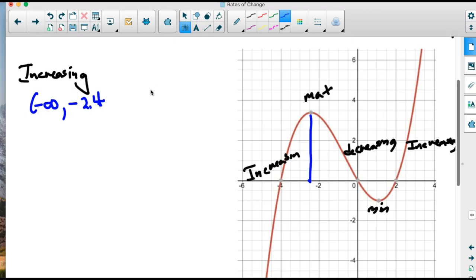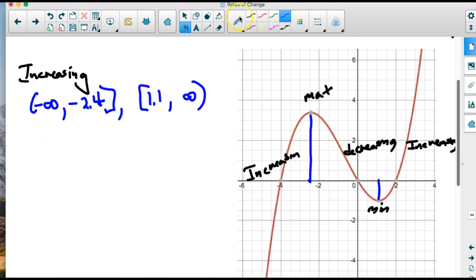Now there's two different thought processes there, but I believe in this book we include the point. So that means we're going to go to negative 2.4 and we're going to close it off like that. Now we're also increasing from this value right here to infinity. So we're going to also have another answer here. So let's say it's 1.1. We're going to include that, and we're going to go to infinity. So it's increasing on both those intervals.